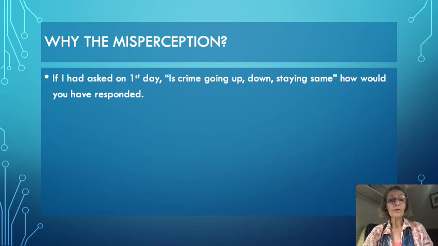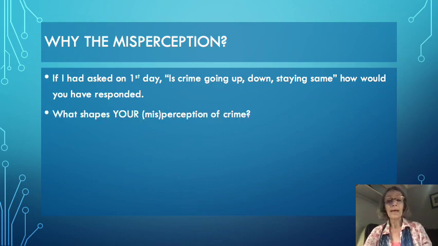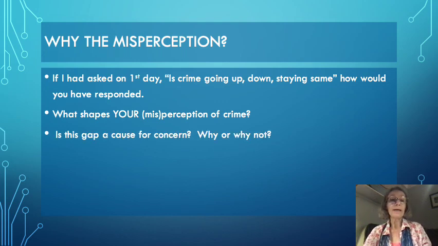How would you have answered that question? When you think about your perceptions or misperceptions of crime, what shapes those perceptions? Personal experience, reporting that you see on the news, crime shows that you watch, what influences your perception of crime in the United States?